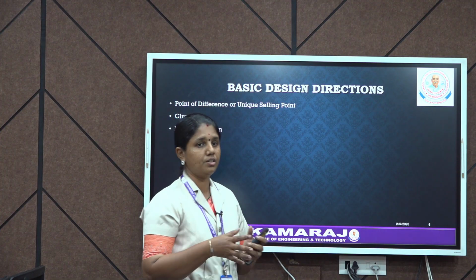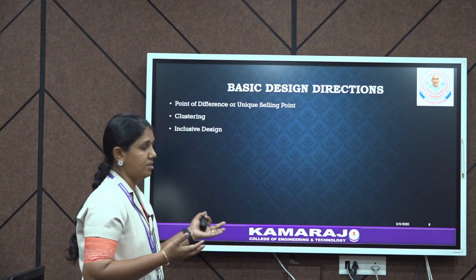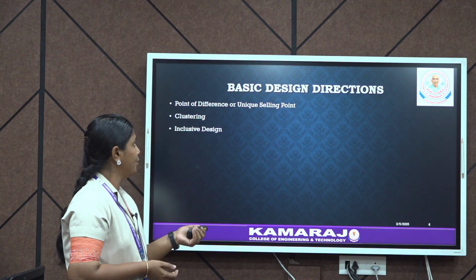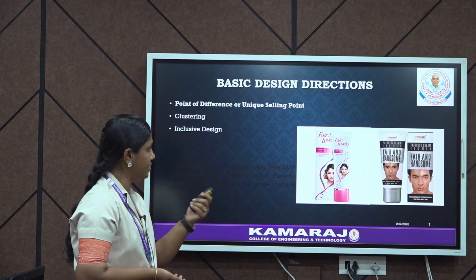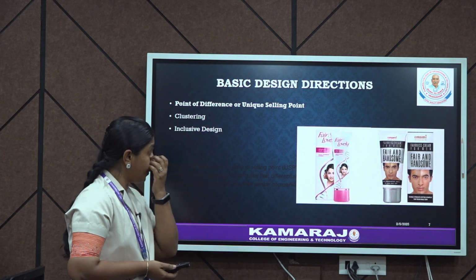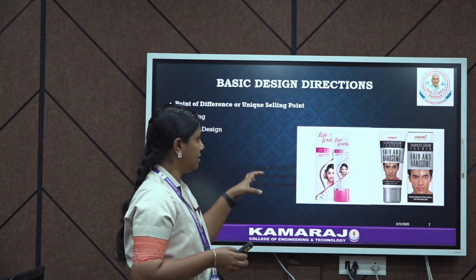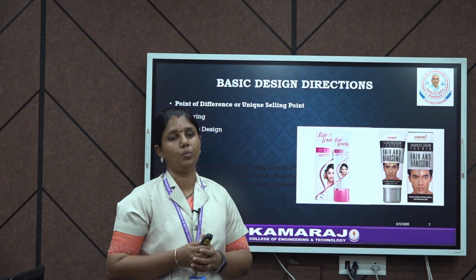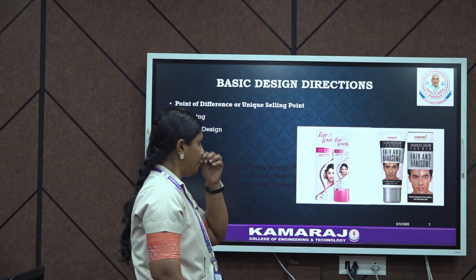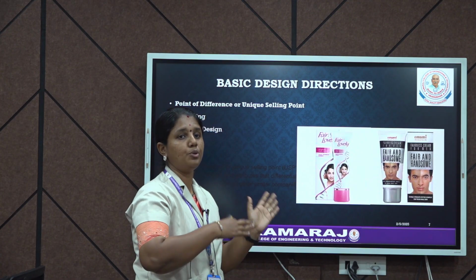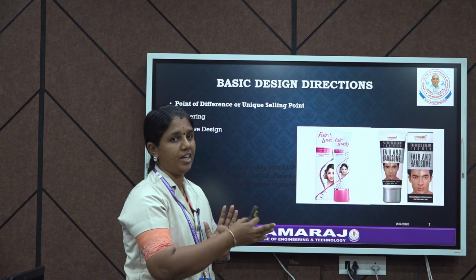The design directions might be on 3 points: point of difference, clustering, and inclusive design. Point of difference is the unique selling point. That means the difference between a women's product and a men's product. What is the uniqueness between the 2 brands? The brand is the same, the company is the same, but what is the unique selling point between these 2 major products?